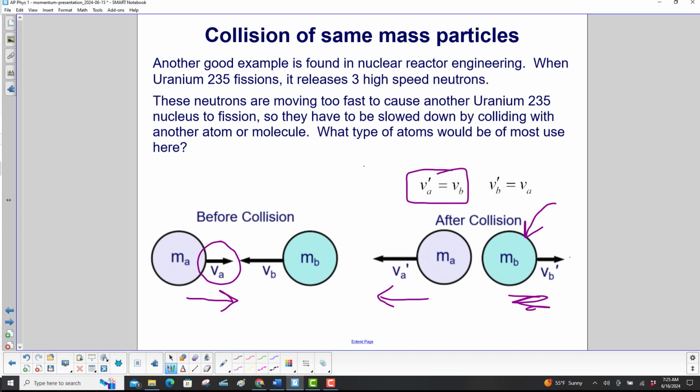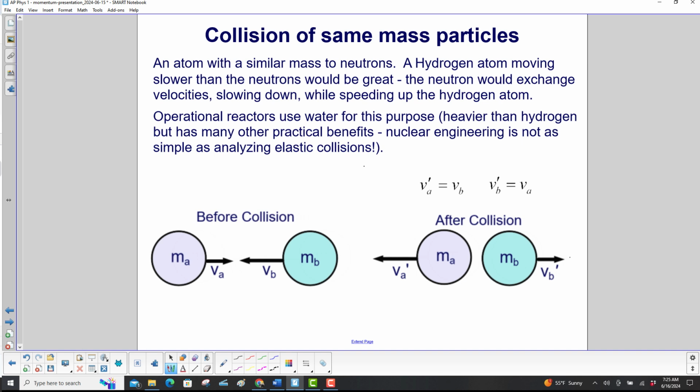So they exchange or switch velocities. So back to the nuclear fission, you would need an atom with a similar mass to the neutrons. A hydrogen atom would slow the neutrons down, while operational reactors use water for this purpose. It's heavier than hydrogen, but has many other practical benefits. Nuclear engineering is not as simple as just analyzing elastic collisions.